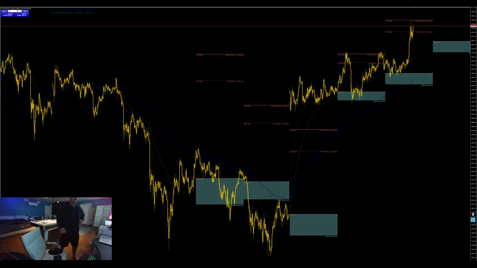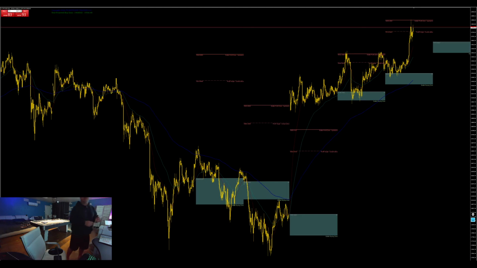If we break that 20,000 level, we'll want to see a lot of volume come in. And you can tell, you don't need the volume indicator. You can just tell by how price is oscillating back and forth. You can see the volume coming in.